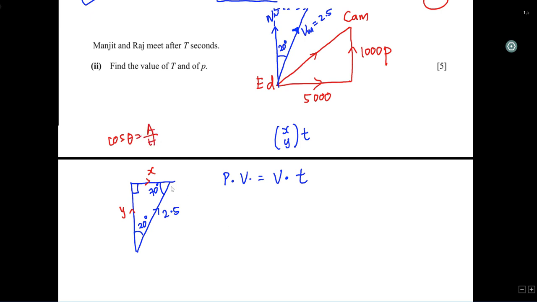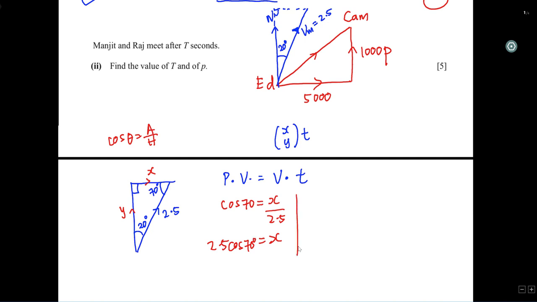Over here, if I want to find x, I have to use the 70 degree. I cannot use the 20 degree because 20 degree will give me a sine. So cos 70 equals x over hypotenuse, so my x is basically 2.5 cos 70 degree.